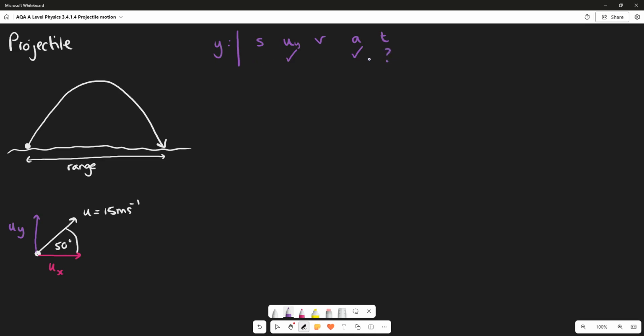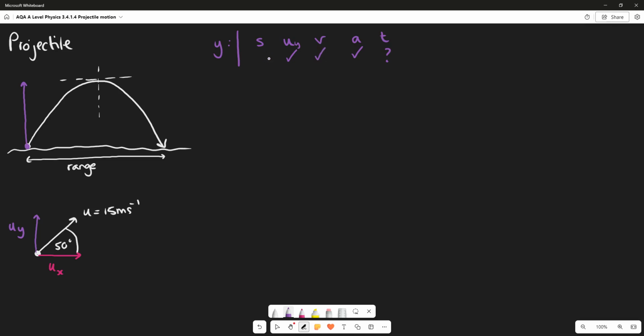Now at the minute, we don't have enough information. So let's break the journey up and have a look at the halfway mark. So here's the halfway mark. The object travels up to that height. And if we're only looking at that part of the journey, then all of a sudden we know that the final velocity is going to be 0.